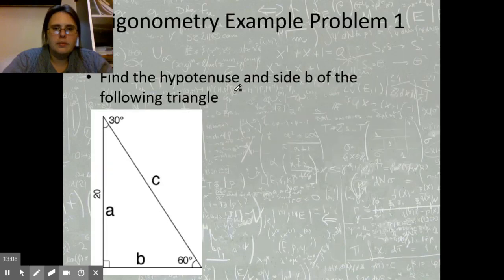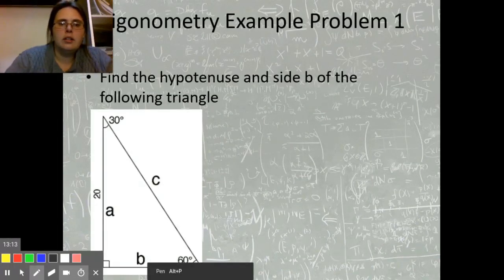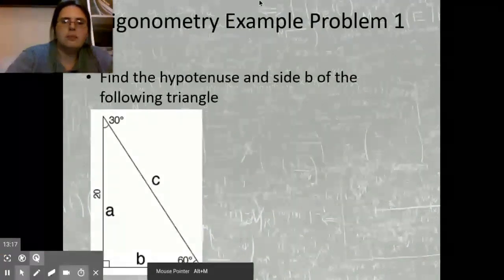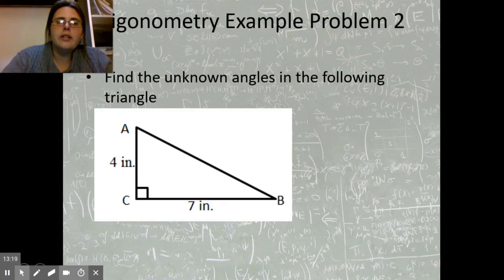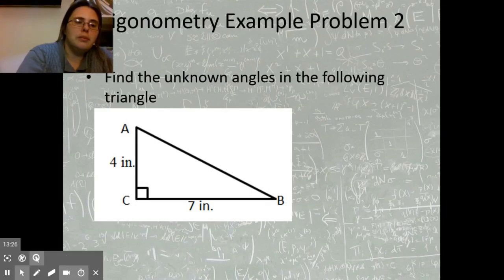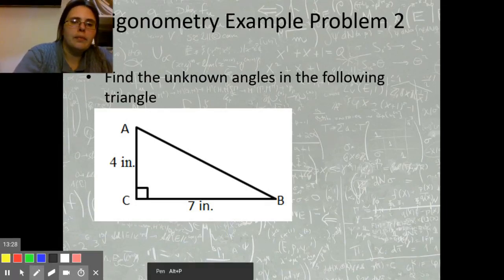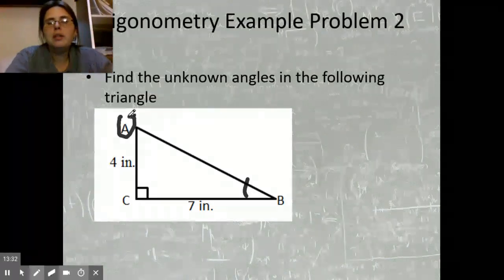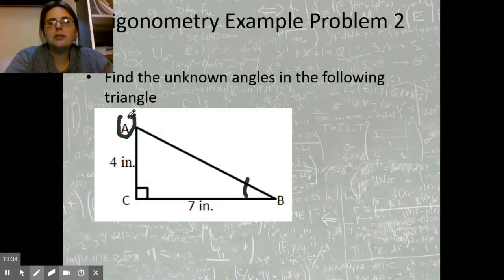Okay. Then our last example is to find the unknown angles in the following triangle. So we're looking for the angle B and angle A, here and here for A, but we're going to start with angle B, and it's opposite over adjacent, so it's tangent.